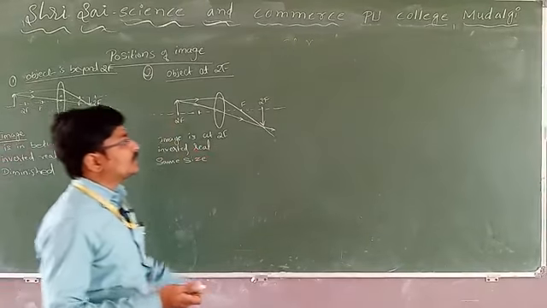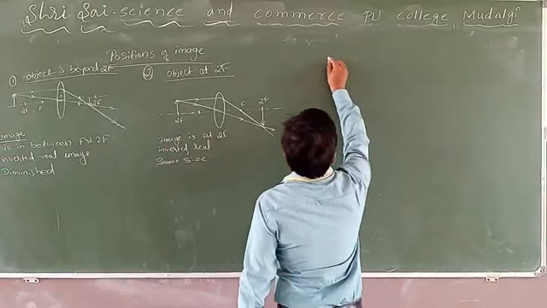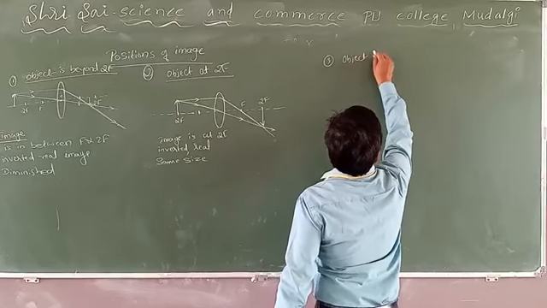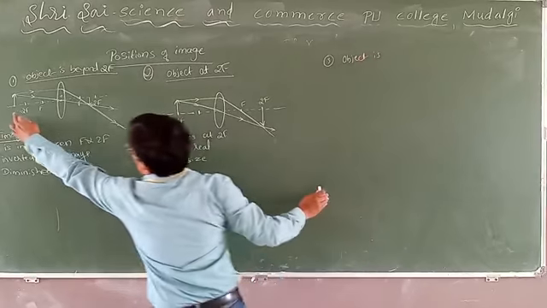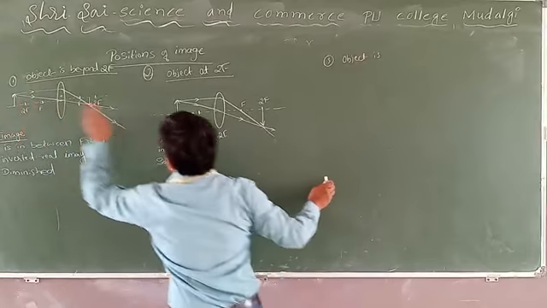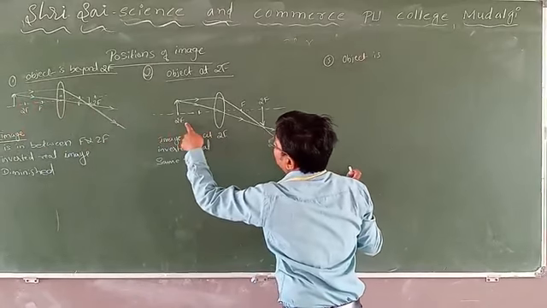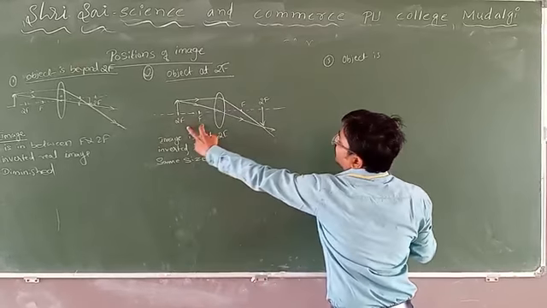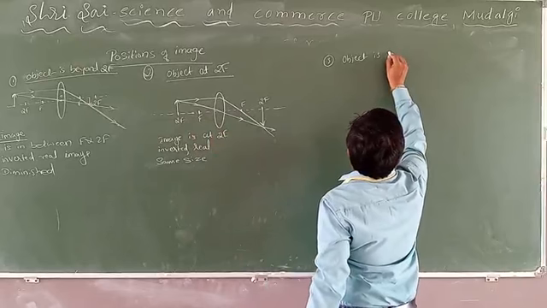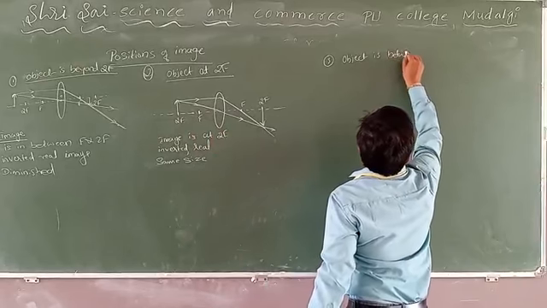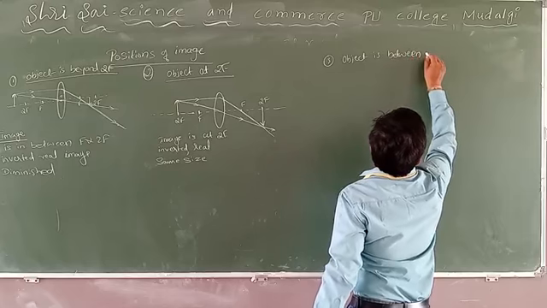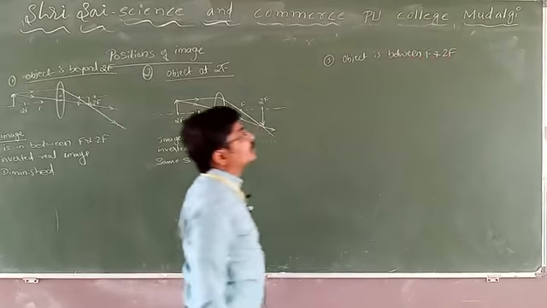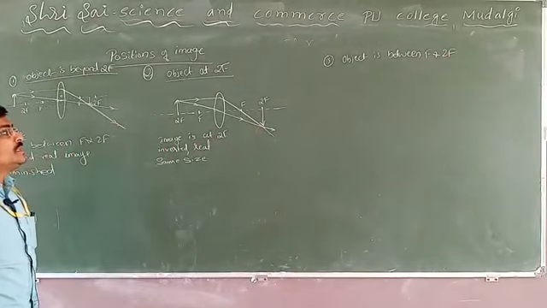Next, one more case to consider, that is the third case. Object is now beyond the 2f I kept. Next, if I kept the object in between f and 2f.